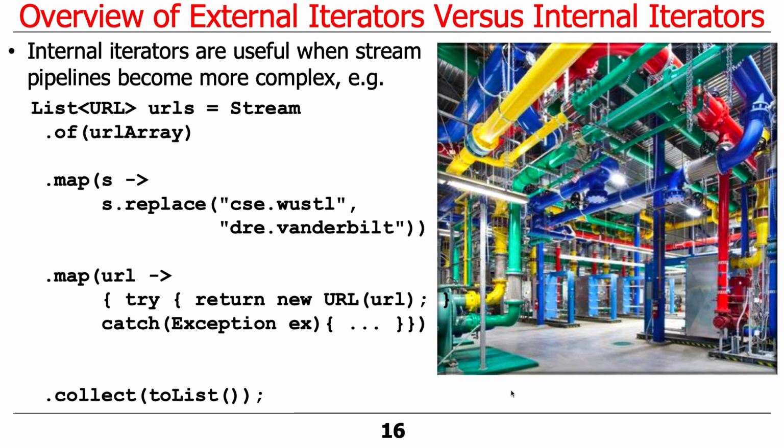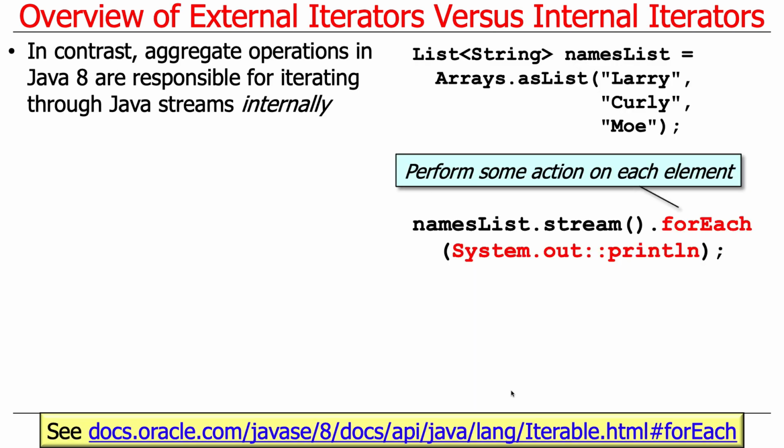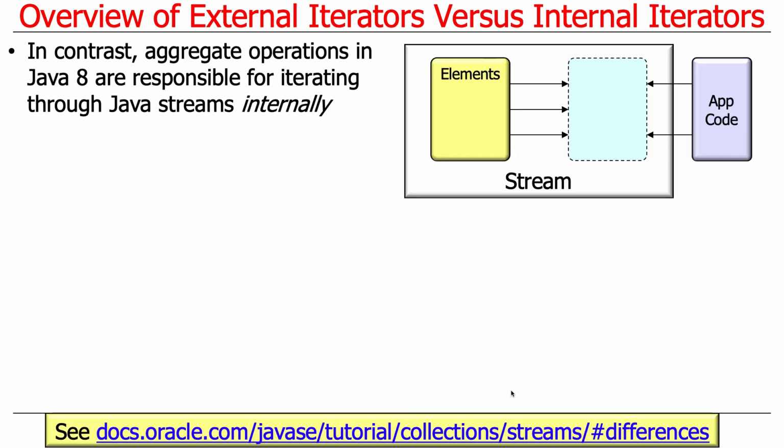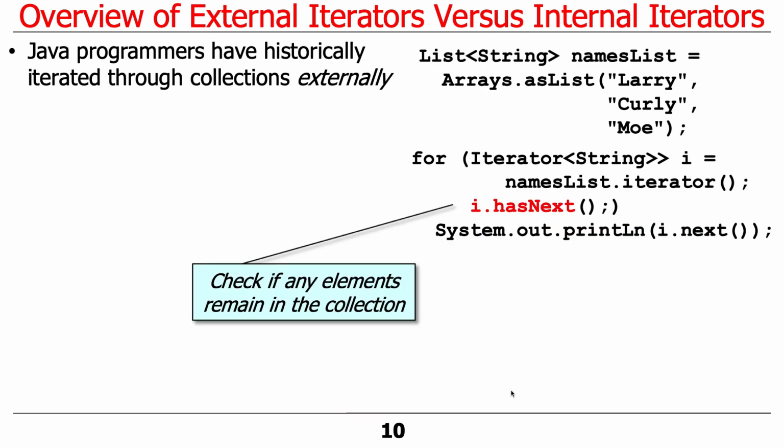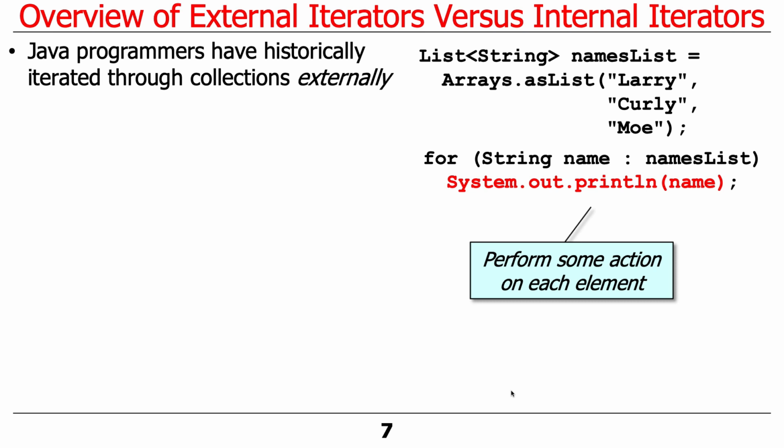So when to choose between the two approaches. Internal iterators, the ones that are built into streams, are most useful when you have complex stream pipelines. I think you'll probably agree that this code and this code are about the same, right? This code here, I think everybody agrees is pretty easy to understand.